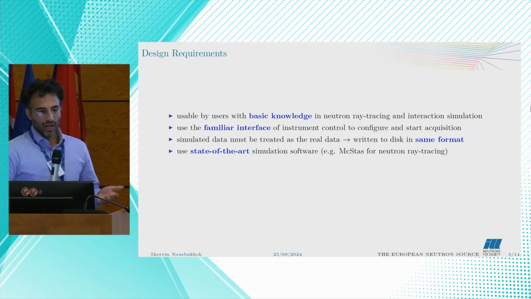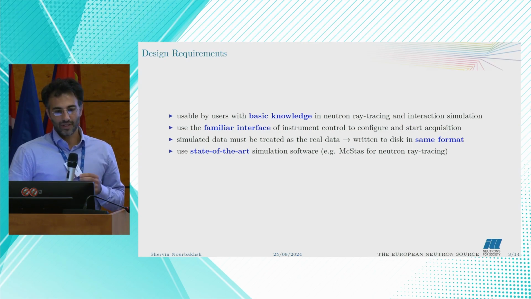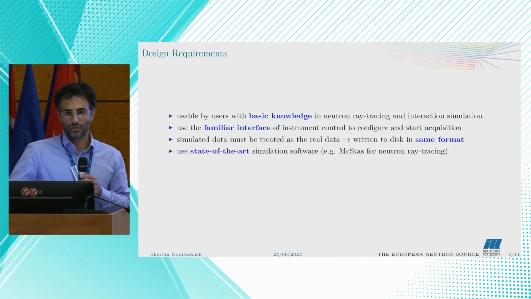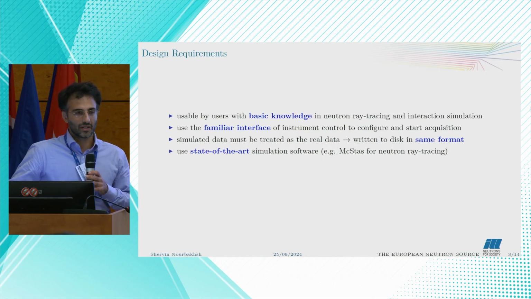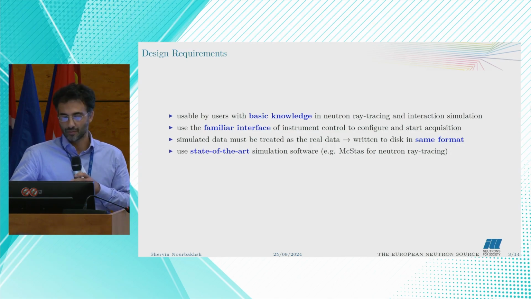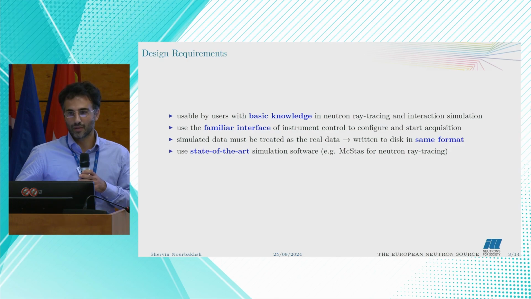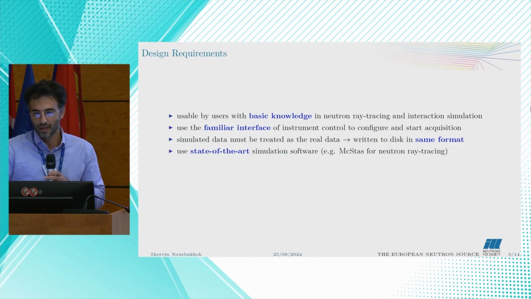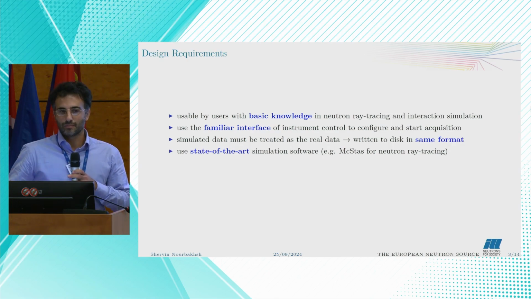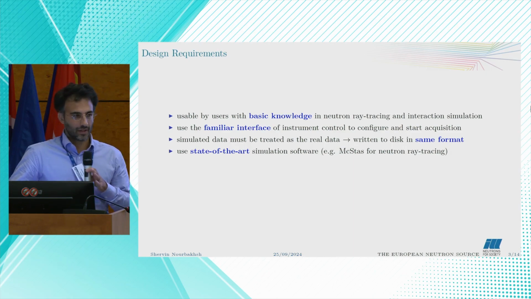And in order to have it done, we also fixed some design requirements. First of all, the digital twin should hide the complexity of the simulation. And so it targets users with basic knowledge or no knowledge in neutron ray tracing, for example, interaction simulation. The idea of having everything hidden is letting the user interface be the same as the data acquisition one, so a familiar interface, such that they can prepare their workflow as they are used to.